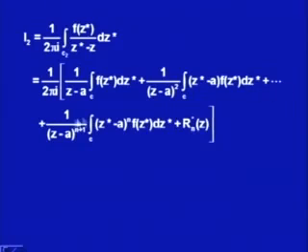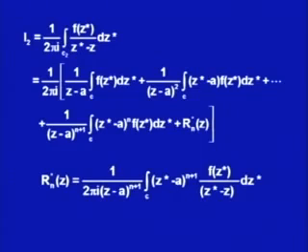So, this way we can have general term as this and the remaining terms are absorbed in the remainder Rn*(z). The remainder term Rn*(z) is written as this.